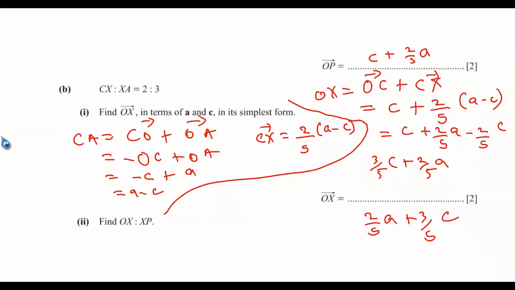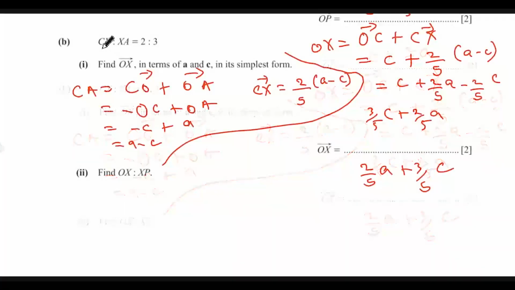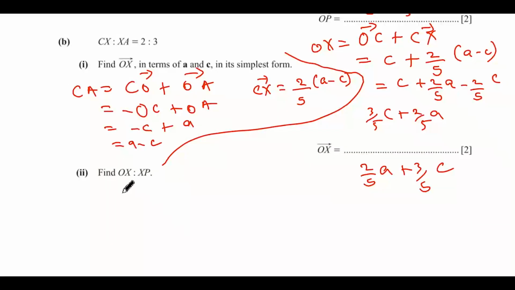So let's go to the next question. Question B, Roman figure 2. Find the ratio OX to XP. We've already found OX, and the value is 2 over 5 A plus 3 over 5 C. So let's keep it here.